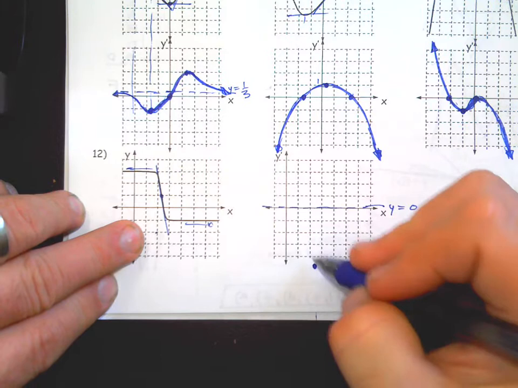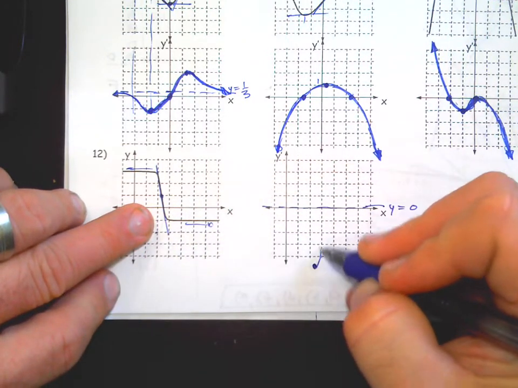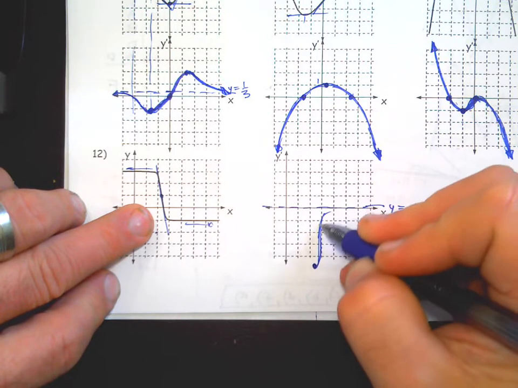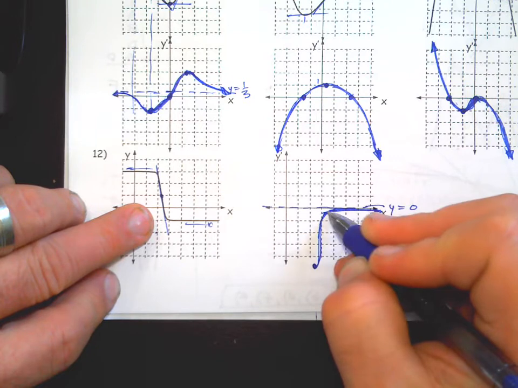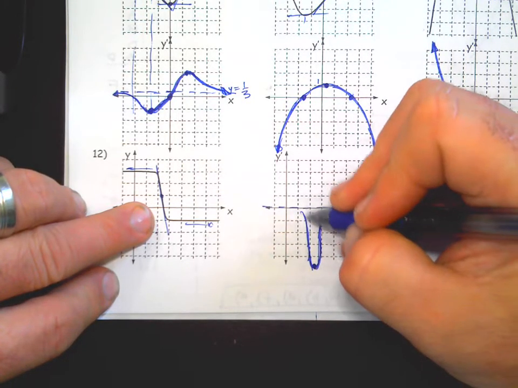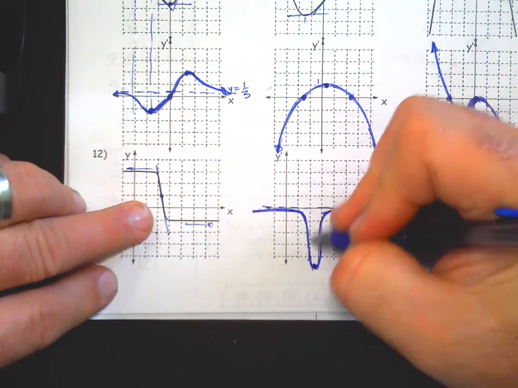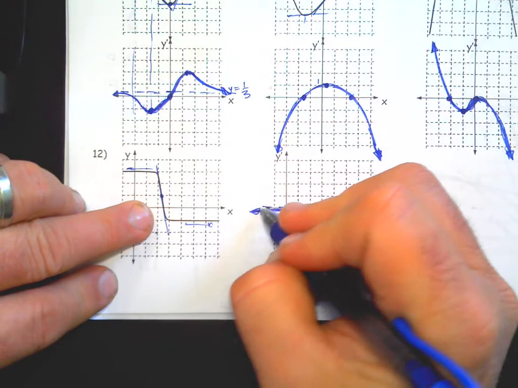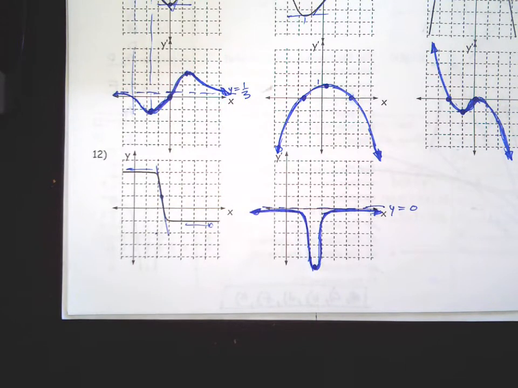And then it does these real quick. So it's going to go maybe something like this. So there you go. These are just rough sketches, so not perfect, but it's pretty good.